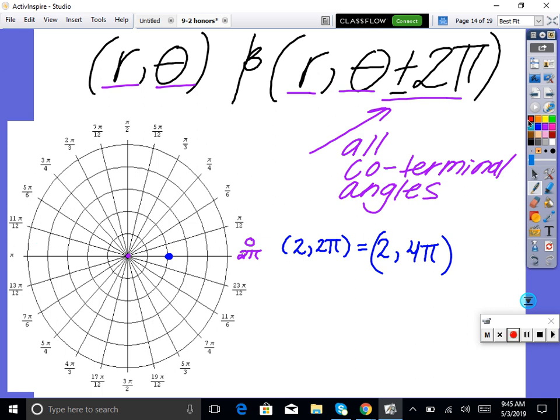So I'm going to ask you a question here to make a point. If I wanted to write this blue point instead as a negative radius, how could I describe it? Now you do have to start at 0, and we work in the positive direction here, guys. So starting at 0, working in the positive, couldn't I say go to angle pi?